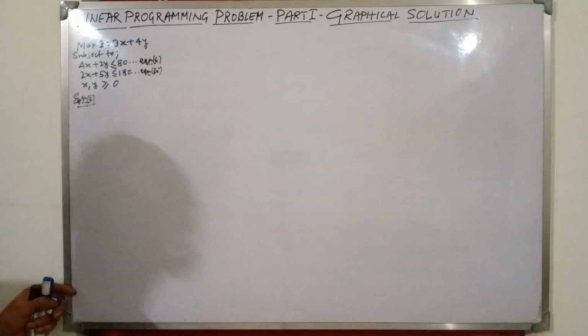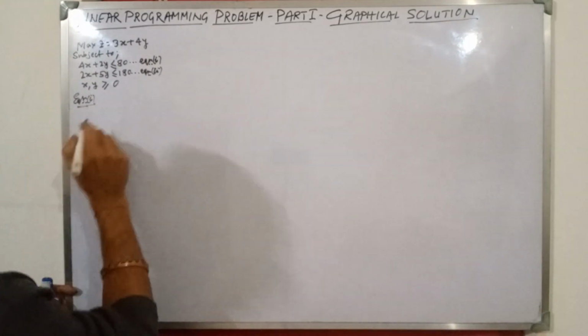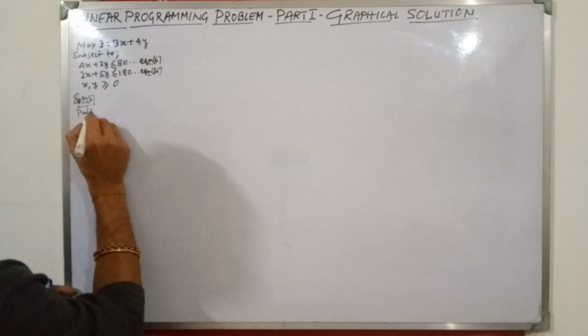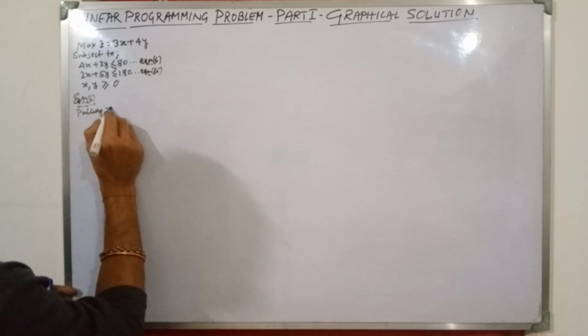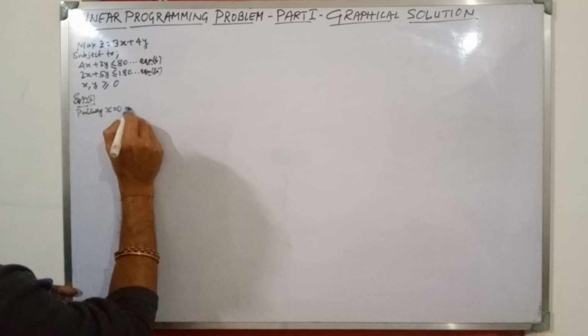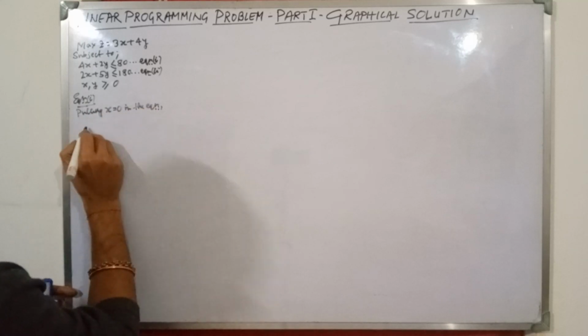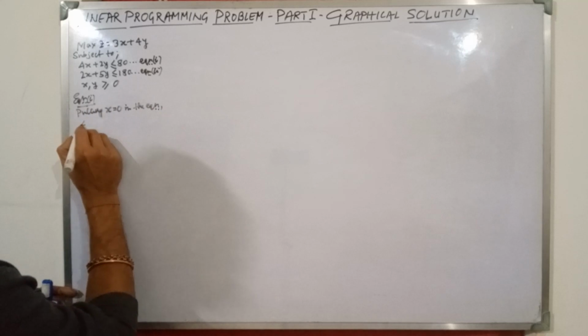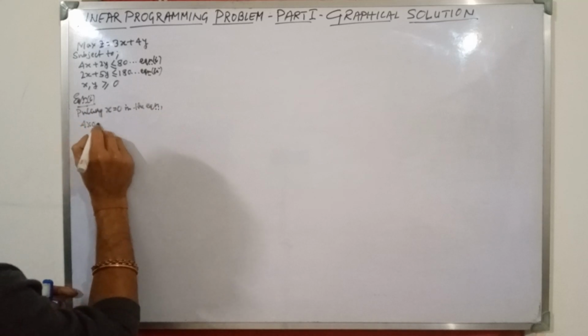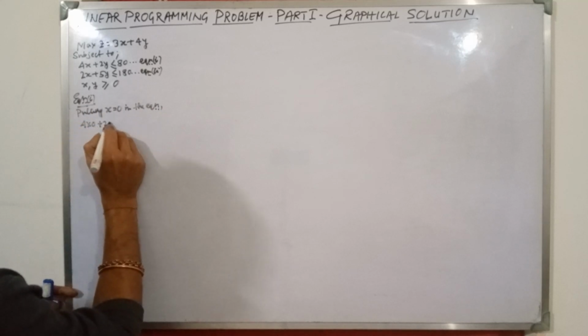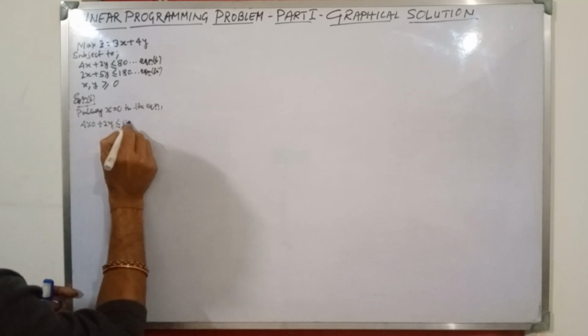We put x equals 0 in equation 1. Putting x equals 0 in the equation, what do we get? 4 into 0 plus 2y is less than or equal to 80.